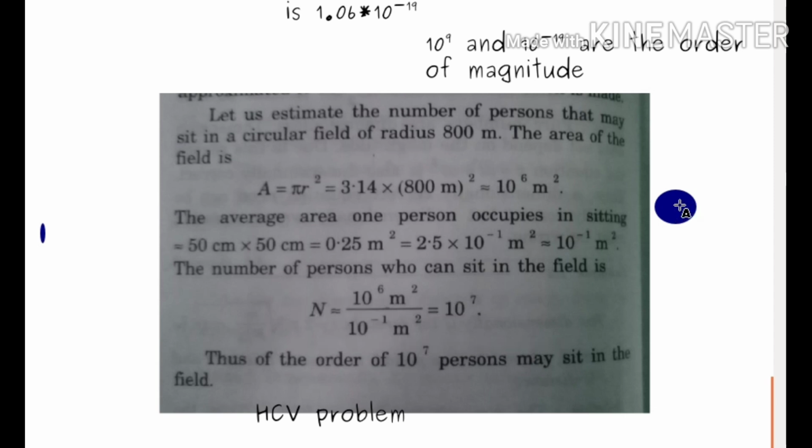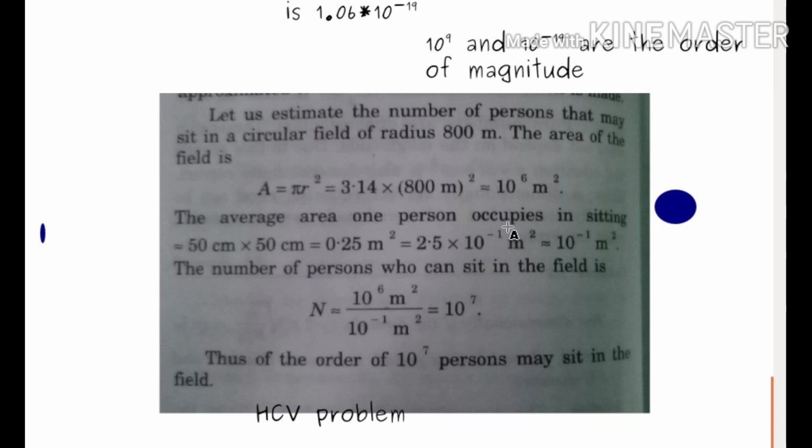For finding how many persons are sitting inside this circle, we have to divide the total area by the area occupied by a single person. The area occupied by a single person is 0.25 meter square, which you can write as 2.5 into 10 to the power minus 1.